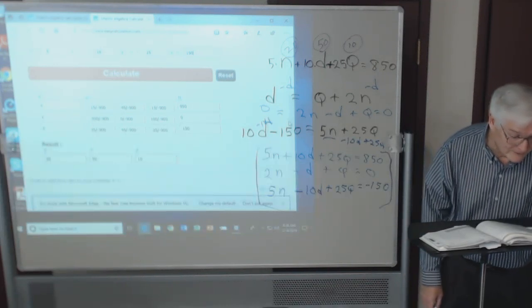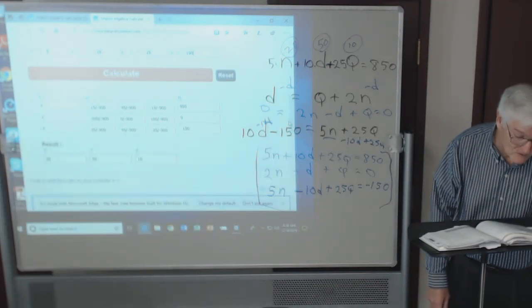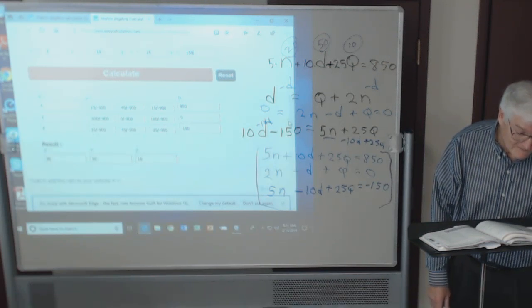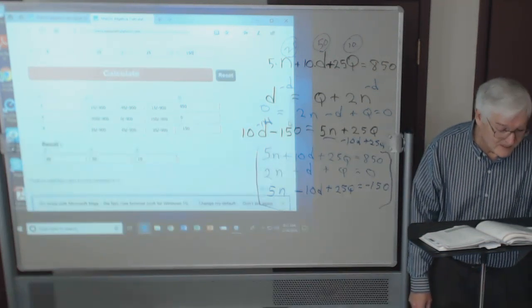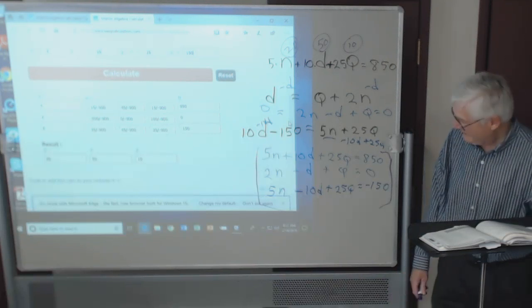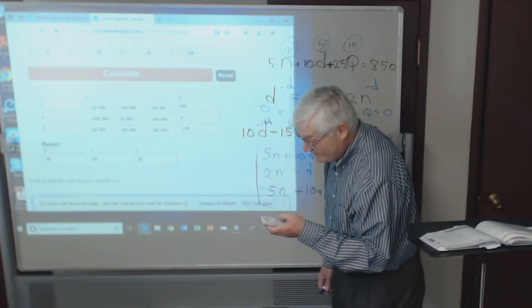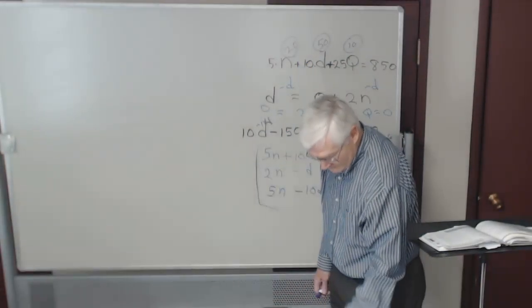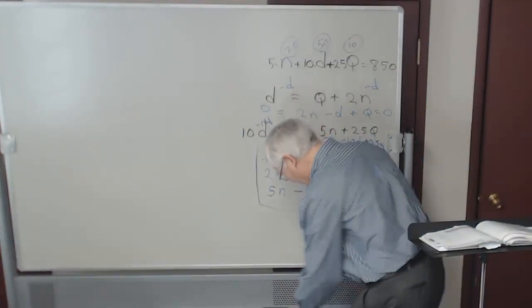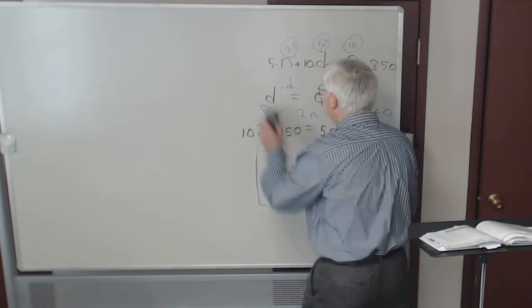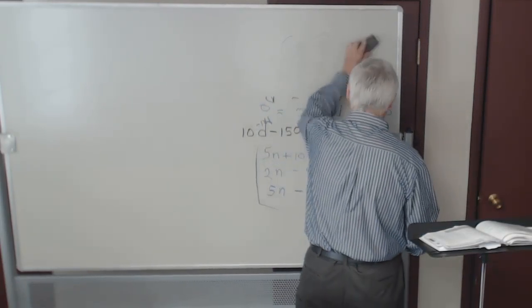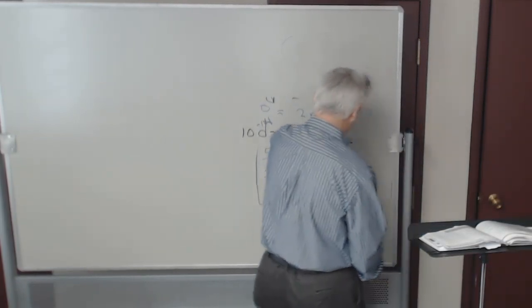Okay, so that's the end. What else do we have here? Number 13. Oh, that's one of yours, isn't it? So now, here's what you have to say. For number 13, you have to figure out how to set this thing up.